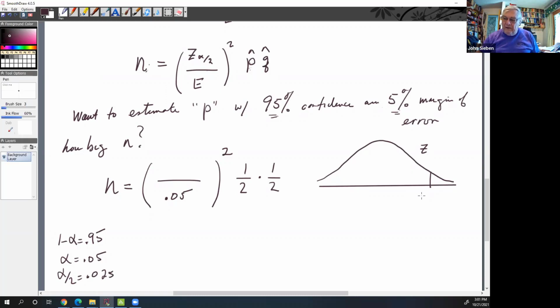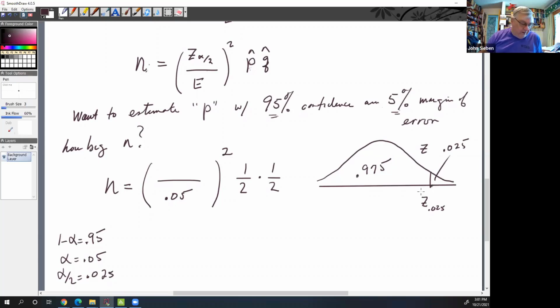And so Z alpha by 2 would be Z 0.025, meaning the area up here would be 0.025. And so the area down here would be 0.975. And we'd go to Minitab, and we would calculate probability distributions. It would be the inverse because I know the area, I'm looking for the boundary.